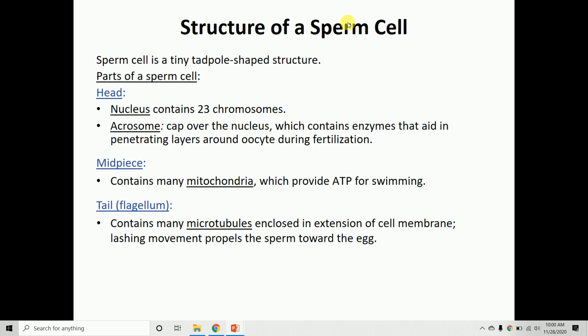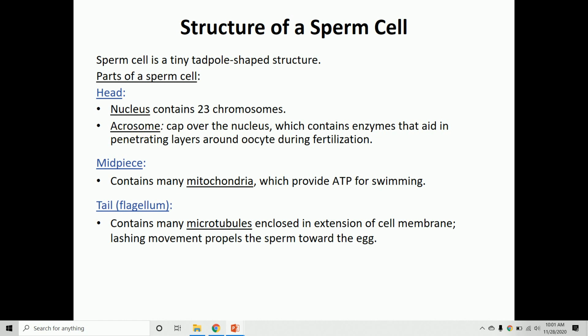So what is the structure of a sperm cell? The sperm cell has a head, a midpiece, and a tail known as the flagellum. The head has the nucleus that has, again, the 23 chromosomes, one chromatid each, and it has a cap on top. That cap is known as the acrosome.